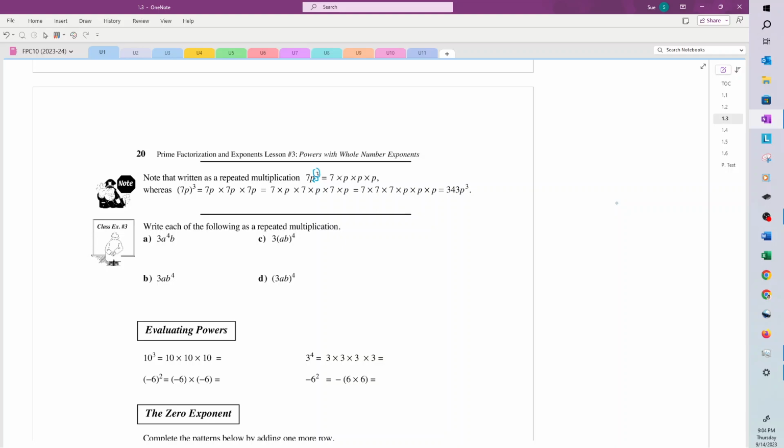Whereas in this case, the 7p is in brackets, so we're going to go 7p times 7p times 7p, because that's what has to be multiplied by itself 3 times. Then what they've done here is expanded it out, gotten rid of the brackets, and sorted it, so all the 7s are together and all the p's are together. So this becomes 7 cubed, which is 343, times p cubed.